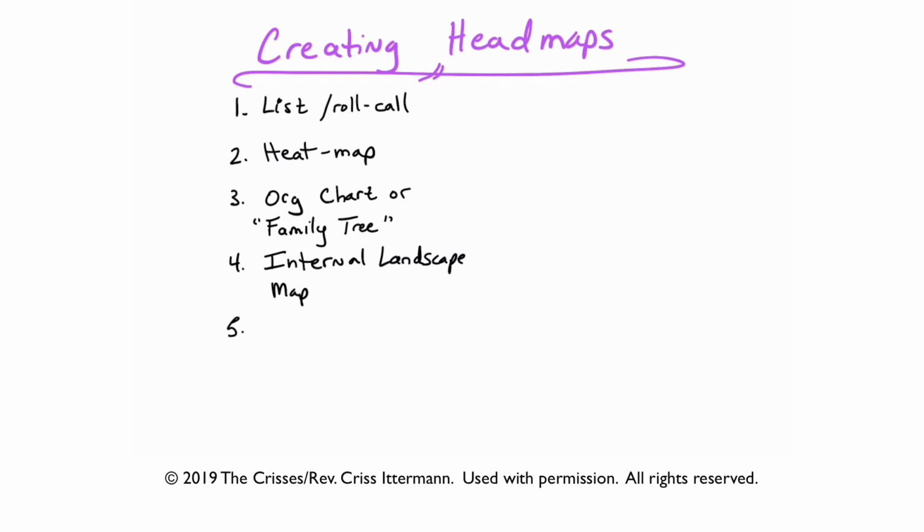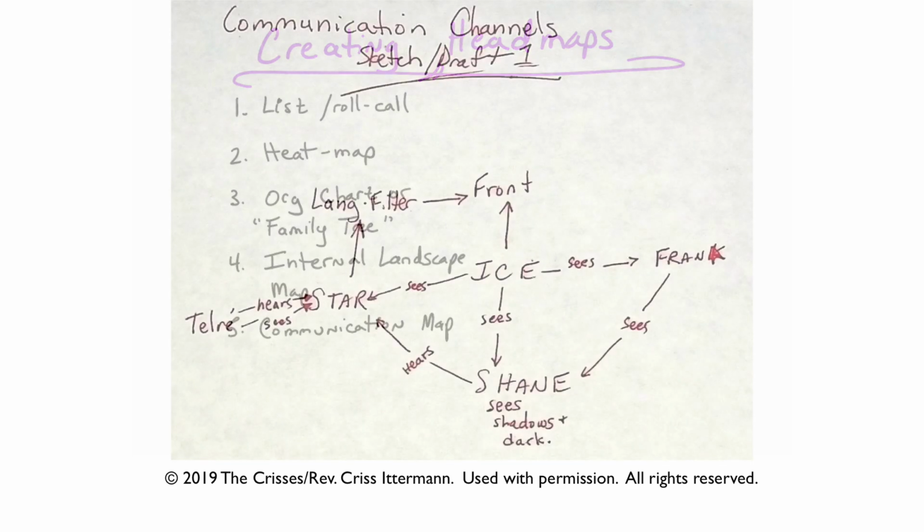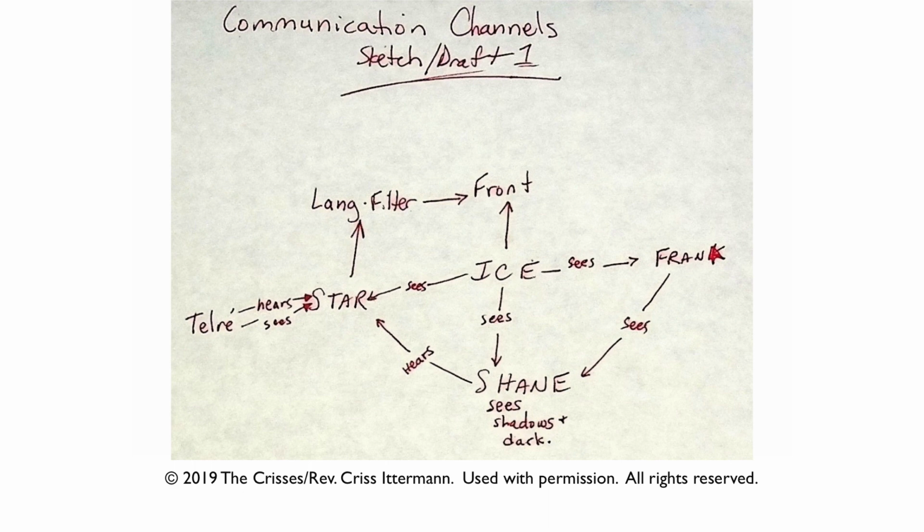And then next would be communication maps. Now you're making maps more like the heat map, but with lines connecting people. It doesn't have to be a hierarchical map or a bottom-up family tree style map. It can actually be more like a heat map, but you're showing the communication lines between everyone. That's where I was talking earlier about links and conduits.